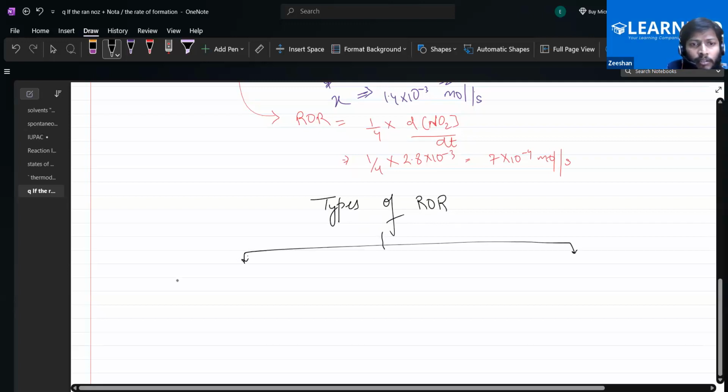The first one is average rate of reaction, and the other one is instantaneous. Do you know the meaning of instantaneous?